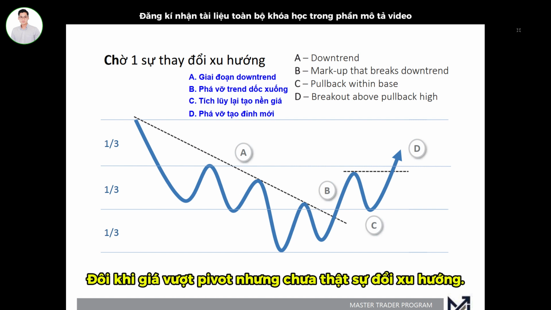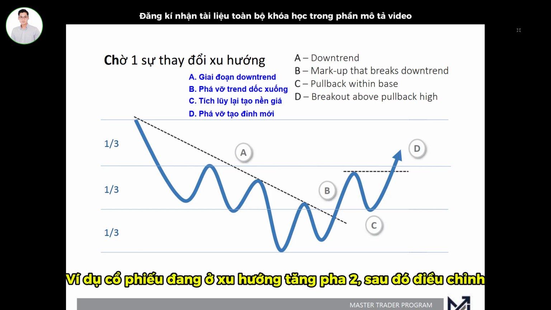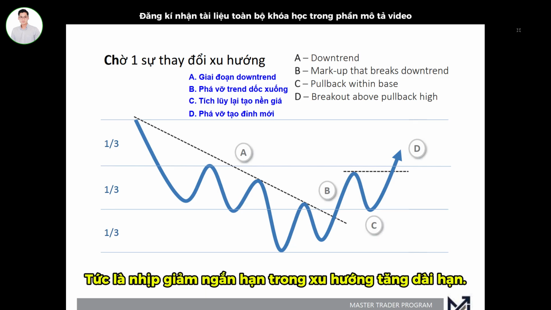Sometimes you get through a pivot, but you haven't officially, what I call, made the turn and gotten back into a new uptrend. So you're in a stage 2 uptrend, right? And now the stock corrects. So you now go into a short or intermediate term downtrend within the longer term uptrend.